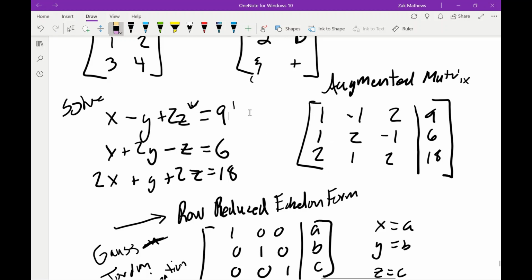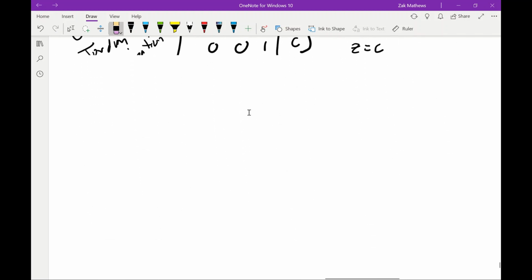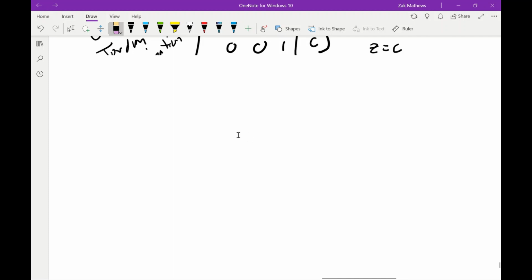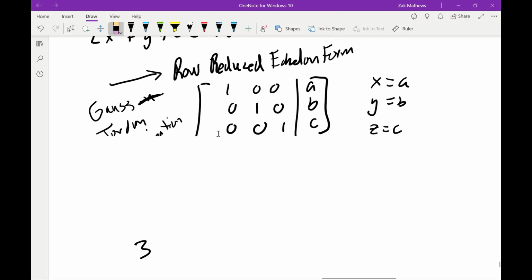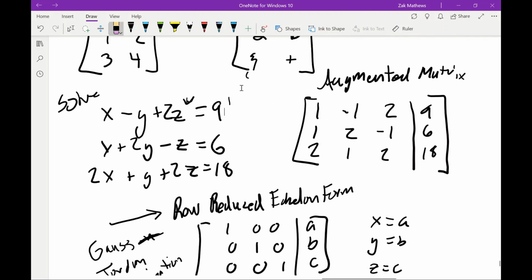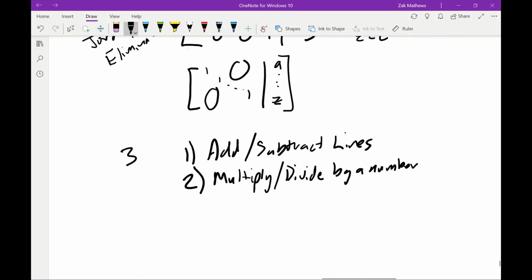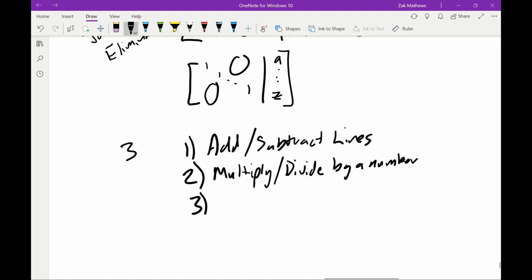So we can always add and subtract lines. Sorry, my program had a hiccup. We can rearrange lines.